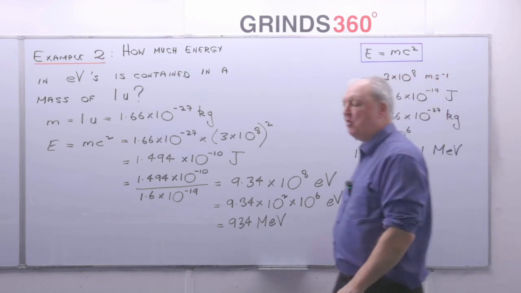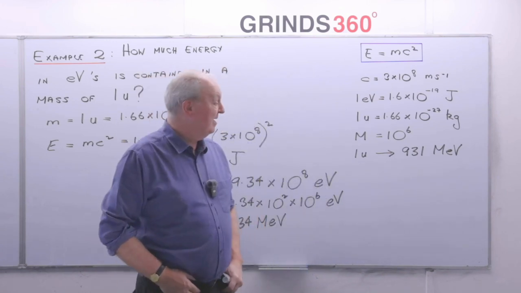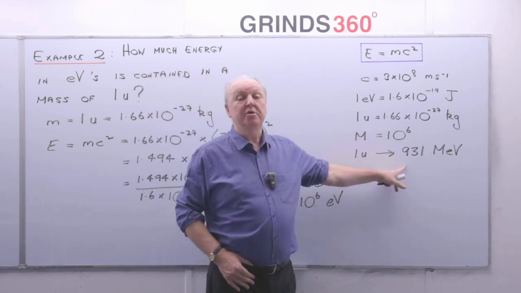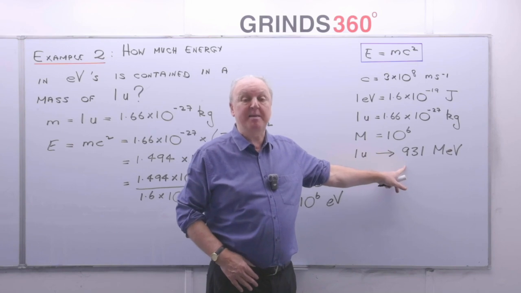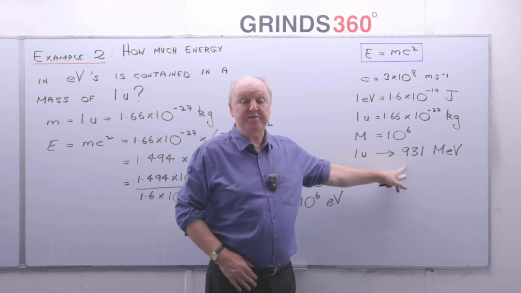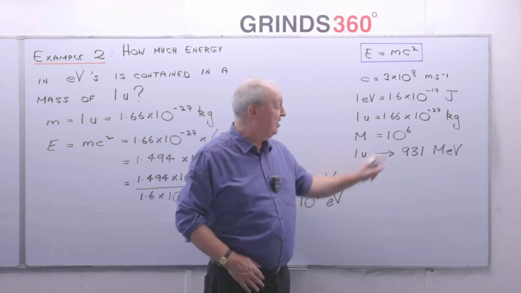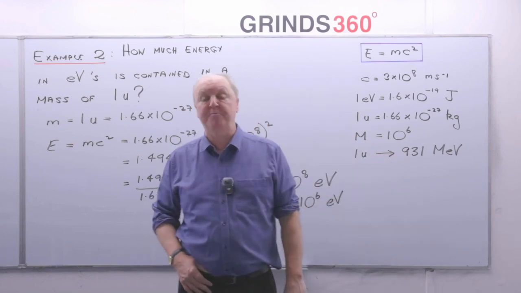That's the actual number you get when you vaporize 1 atomic mass unit. That's a very famous number. Unfortunately, they didn't put that into the table book, and it can be quite useful. I would actually ask you to learn that and use it occasionally. When you vaporize 1 atomic mass unit, you get 931 mega electron volts.